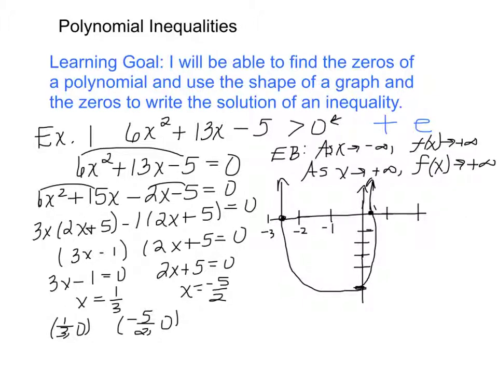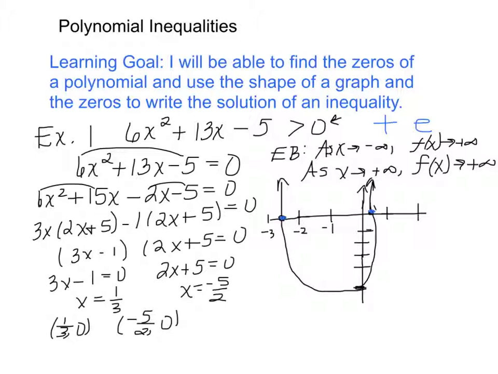And so you look at your graph and you're looking for those values where your y values are greater than 0. So here's negative 5/2, use a different color. So from negative 5/2 to positive 1/3, all your y values are below 0.